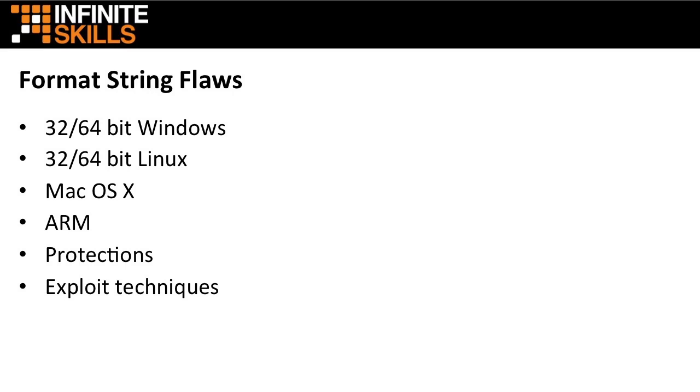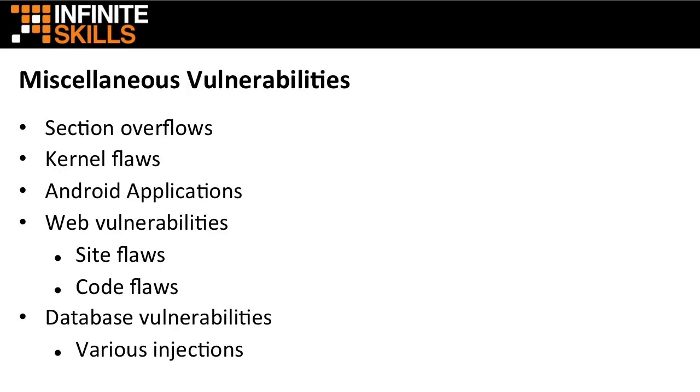In particular, Linux and the Mac platform offer some protections by default that are not there for the Windows users. We'll talk about the different exploit techniques, and we'll go through some very detailed examples and show you how you can exploit these flaws.